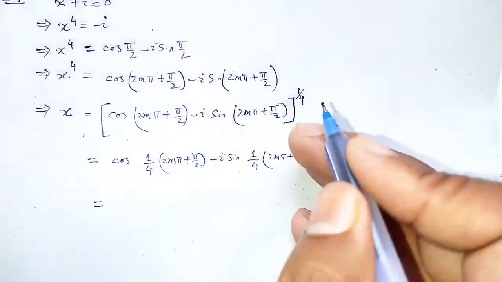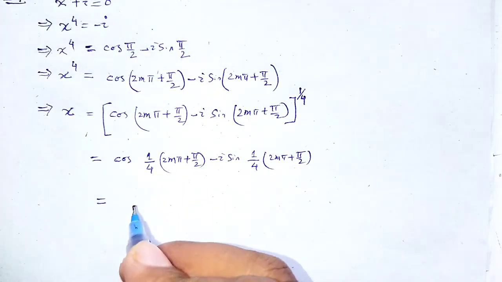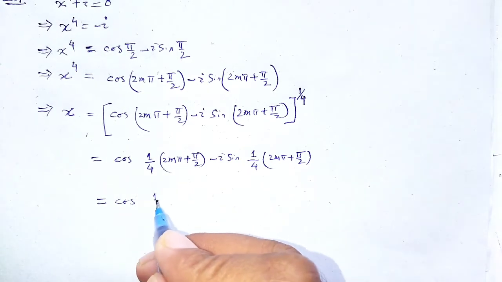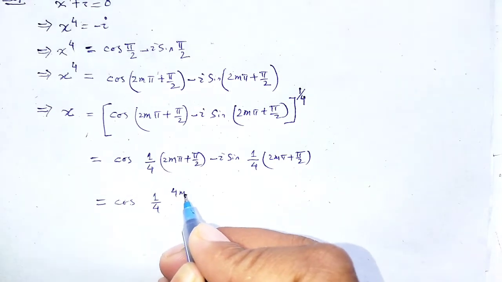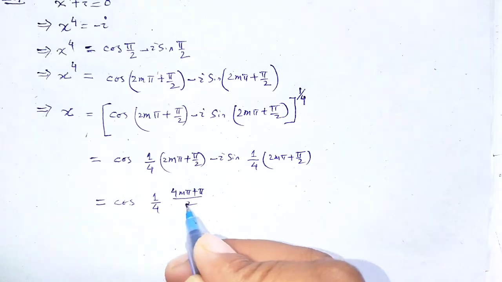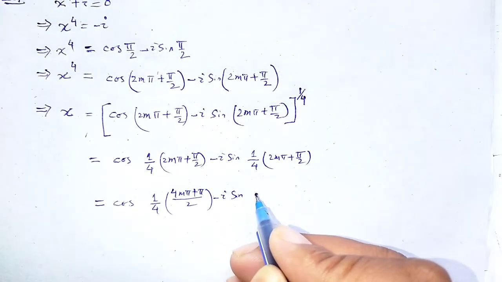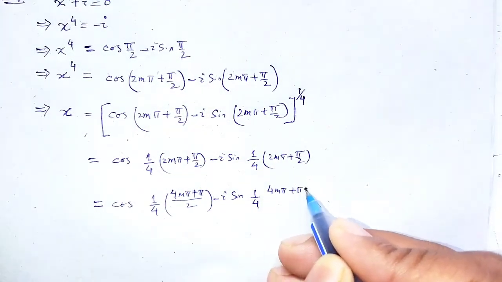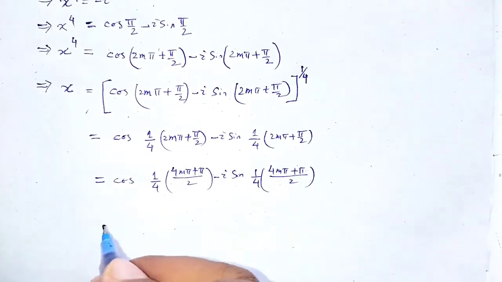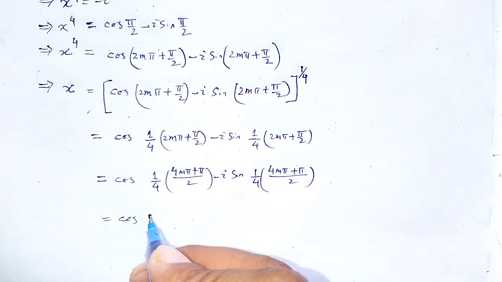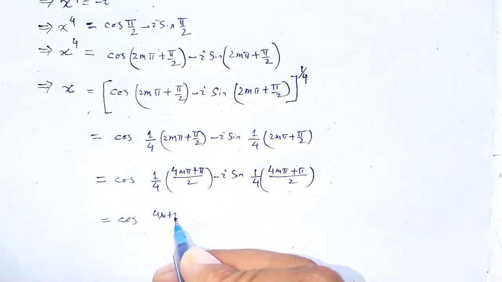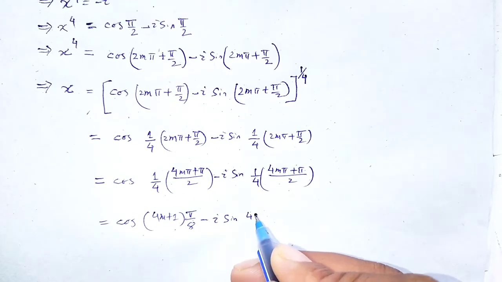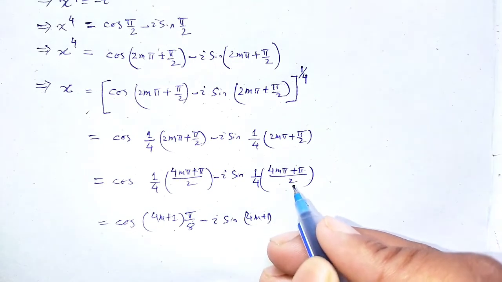which is equal to cos, here taking LCM, 1 by 4 into (4m pi plus pi) divided by 2, minus i sin 1 by 4 into (4m pi plus pi) divided by 2, which is equal to cos (4m plus 1) into pi by 8 minus i sin (4m plus 1) into pi by 8.